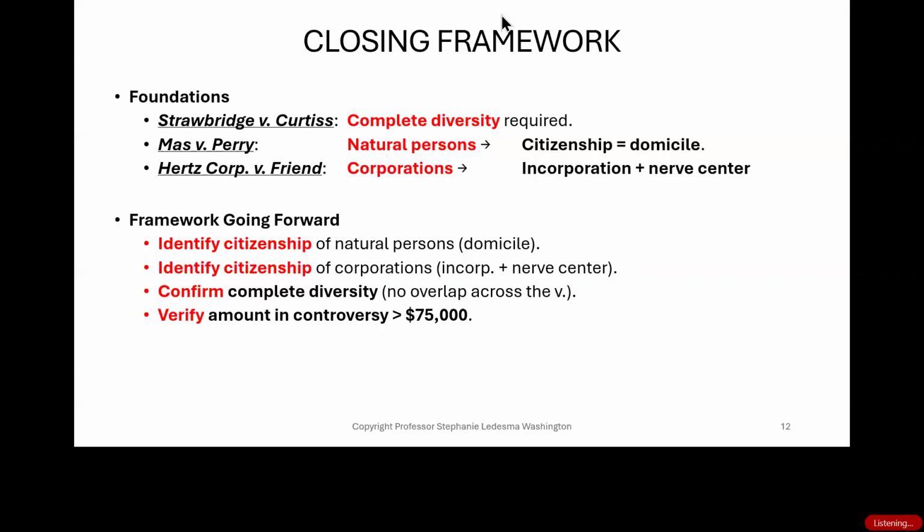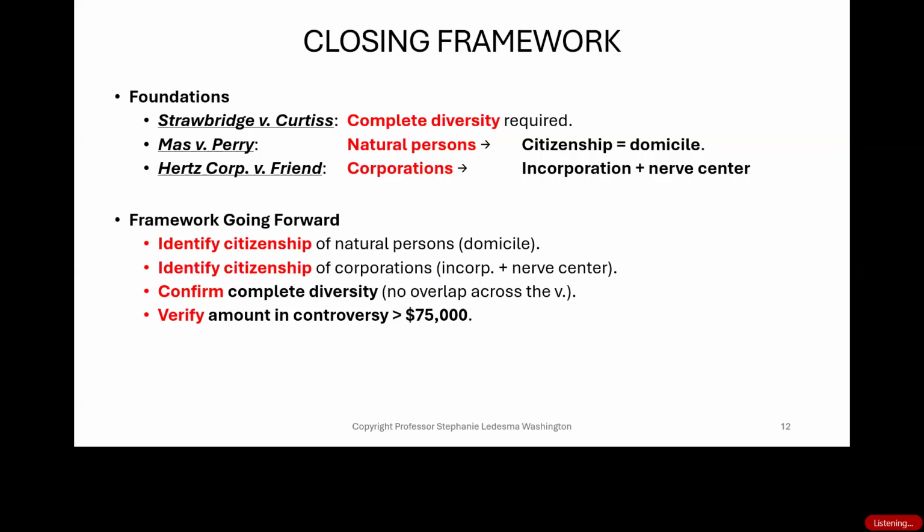Perry as well, where the amount in controversy that is pled by the plaintiff will be presumed to be pled in good faith in the absence of evidence otherwise. Subject matter jurisdiction, wrapped up with a big, pretty bow. That is the doctrinal package for diversity jurisdiction.